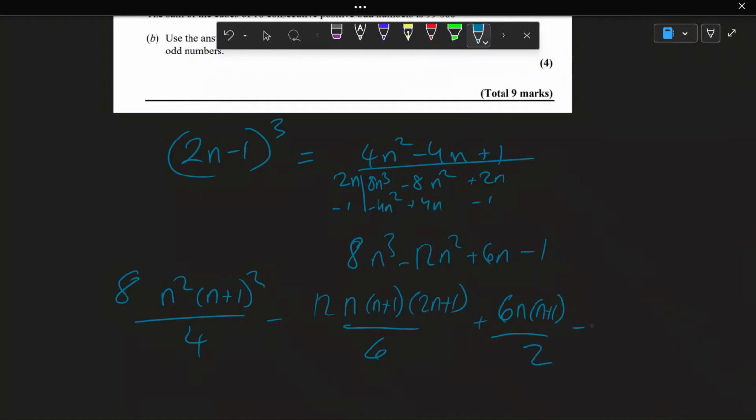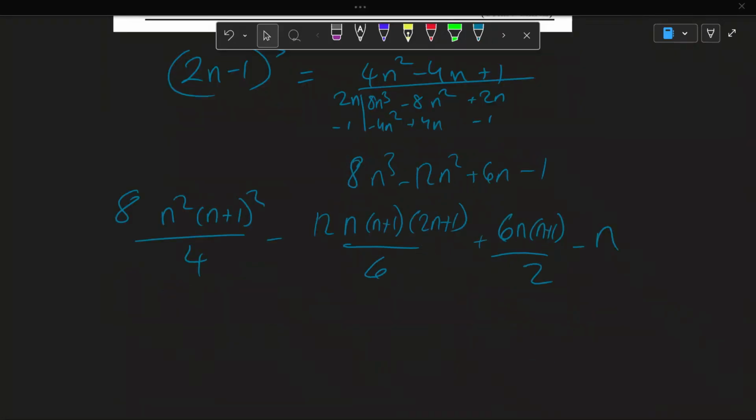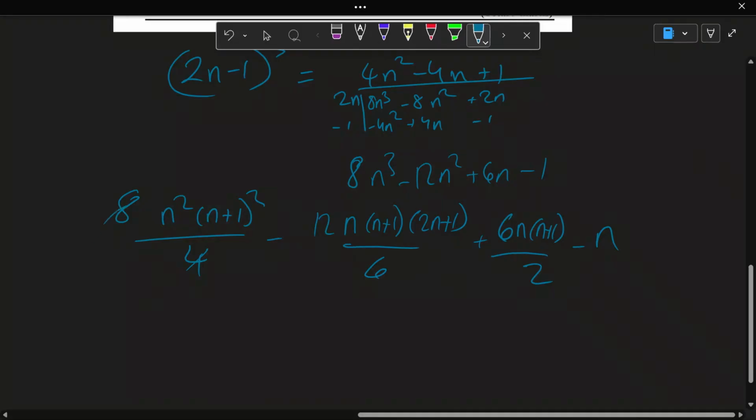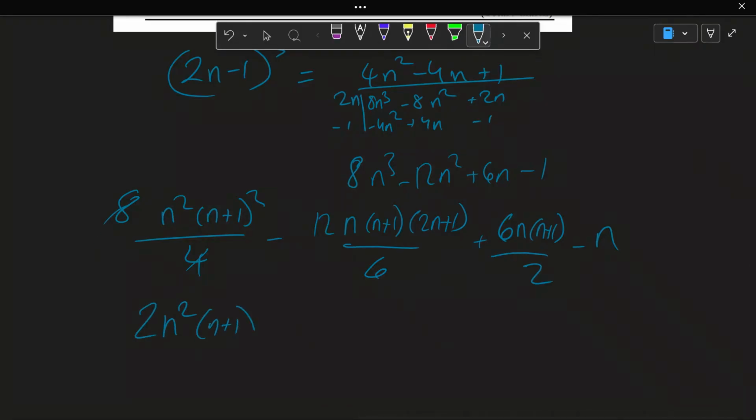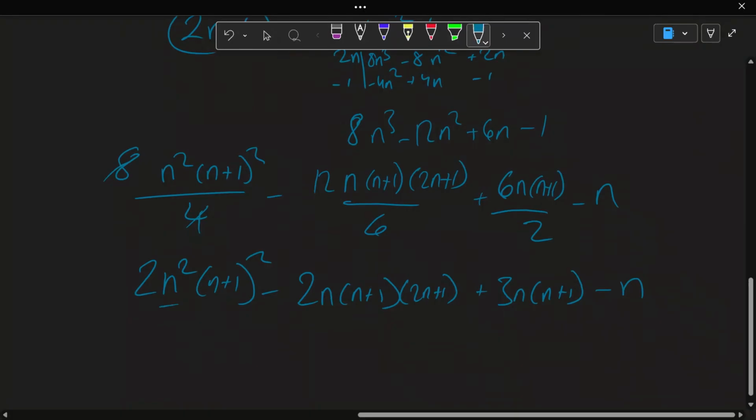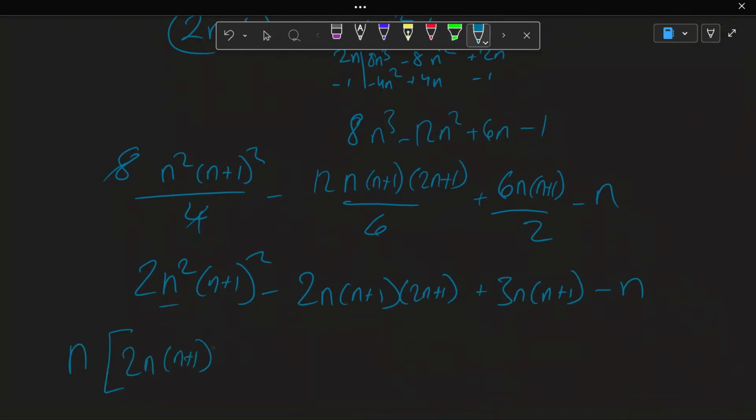2 minus n. Okay, now that we've got this, you could just factorize a lot of things. So you've got 2n squared (n plus 1) minus 2n(n plus 1)(2n plus 1). So we can factorize our n here. So we can get our n, 2n, n squared, n plus 1 minus 1.